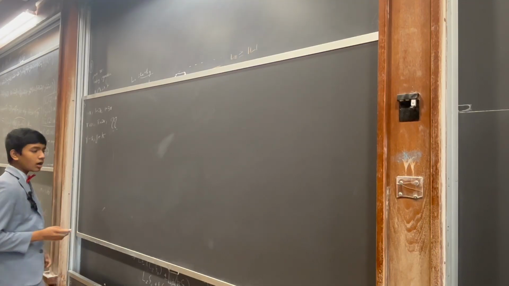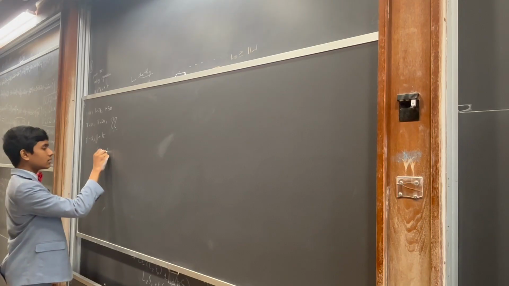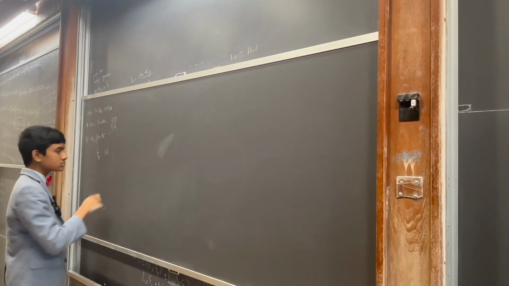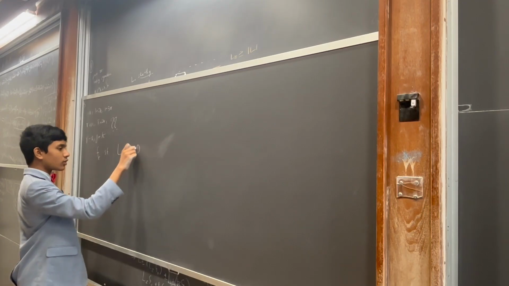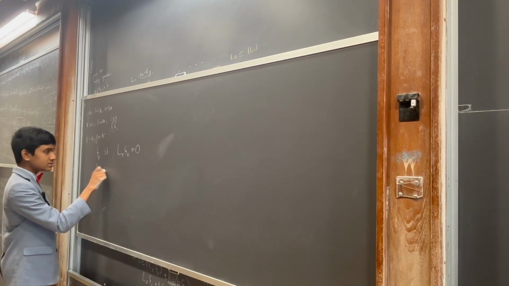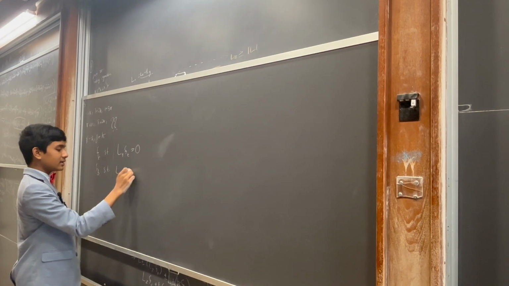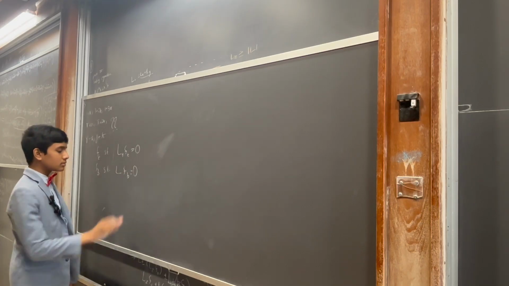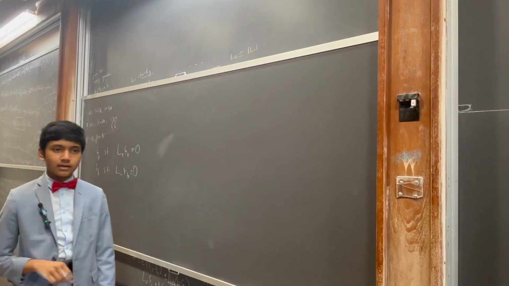Since there's a top rung, there has to be a top function, ft, such that L plus ft has to be equal to 0. And just like that, there has to be an fb, such that L minus fb is equal to 0. Now let me show you something.